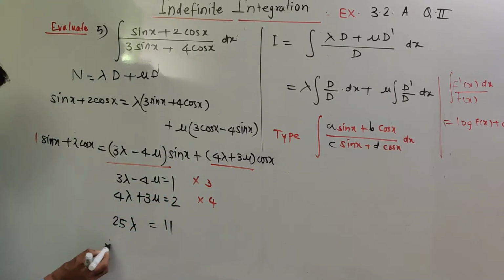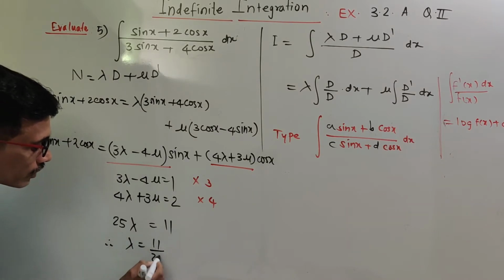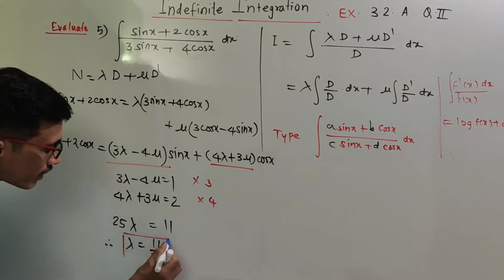So therefore our lambda is equal to 11 by 25.